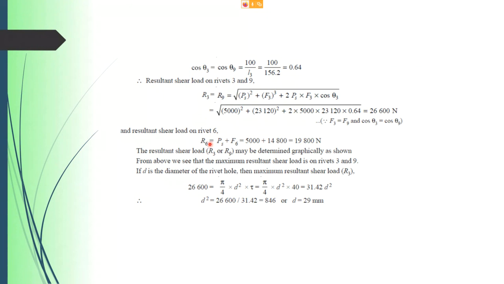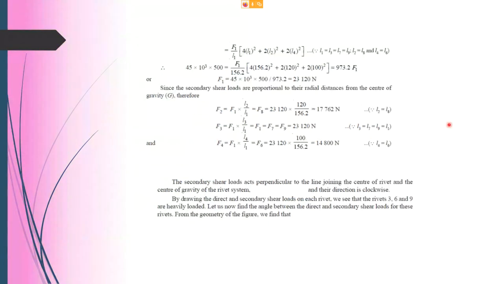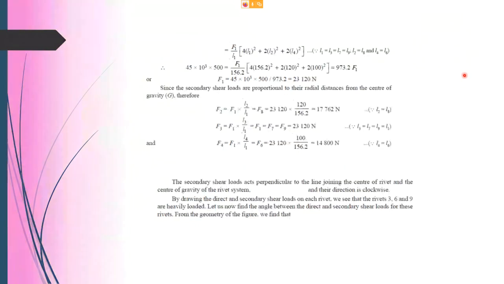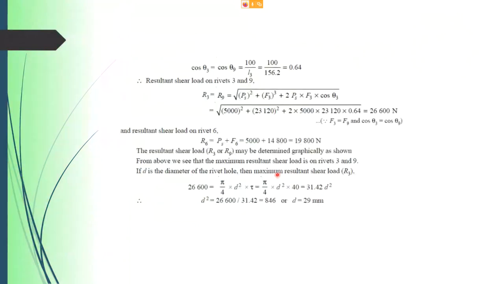For R3 and R9 you need to use this formula. For R6 you don't have to. You look at the diagram: the Ps and the F6 are acting in the same direction, downwards. So you need to take Ps plus F6.